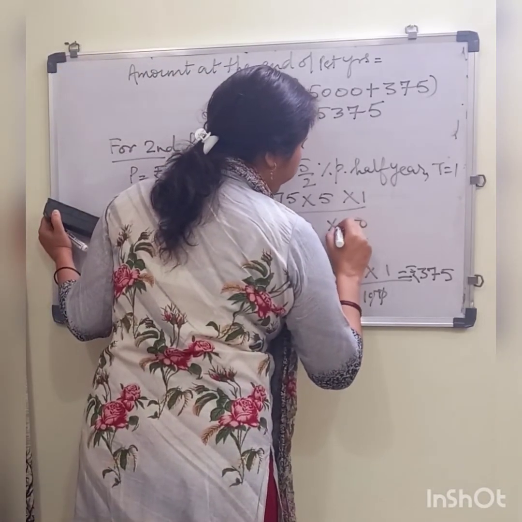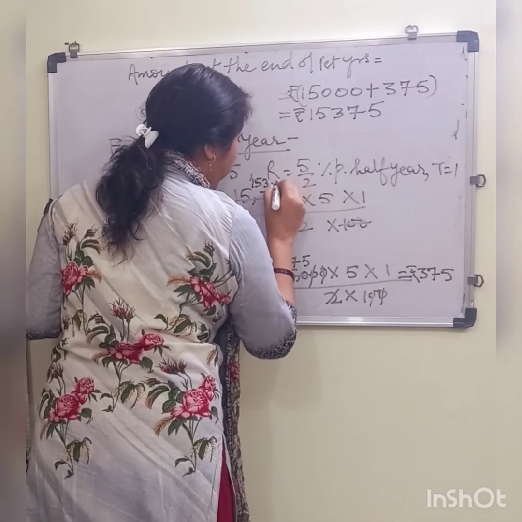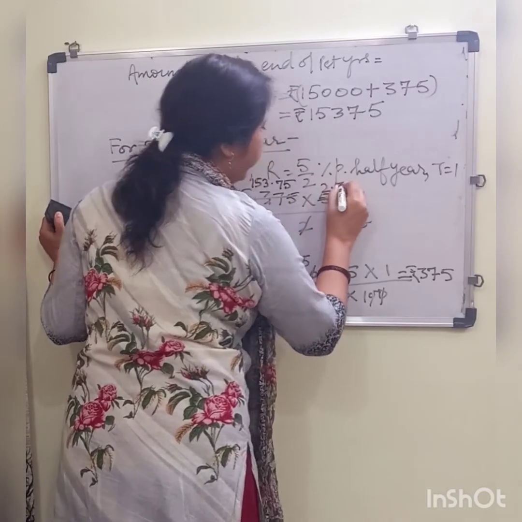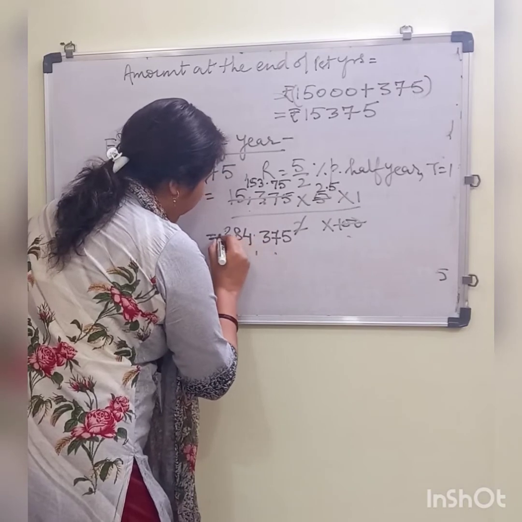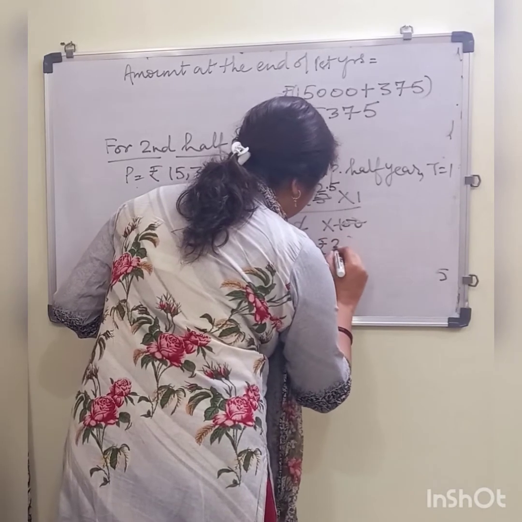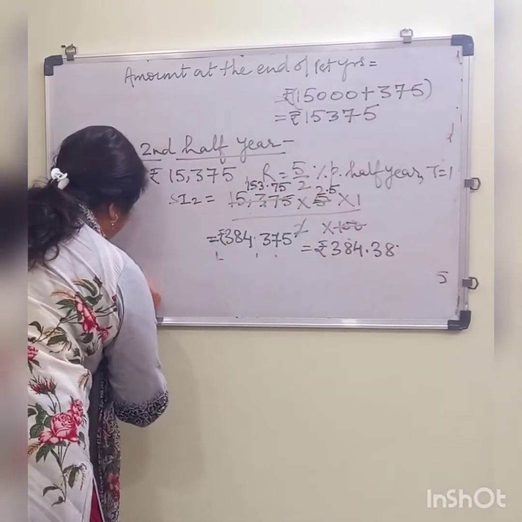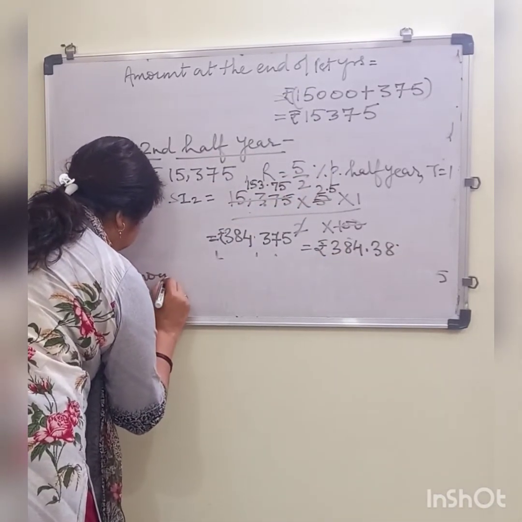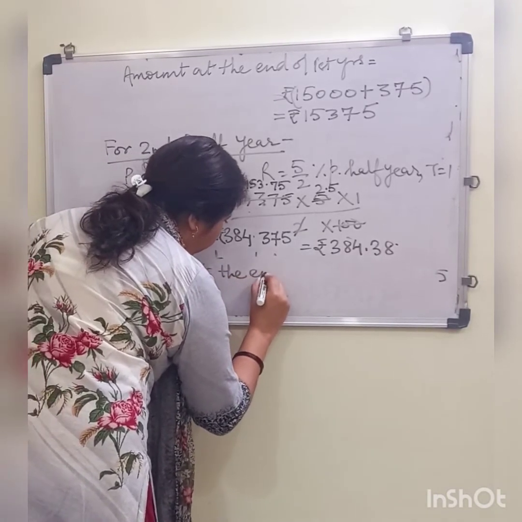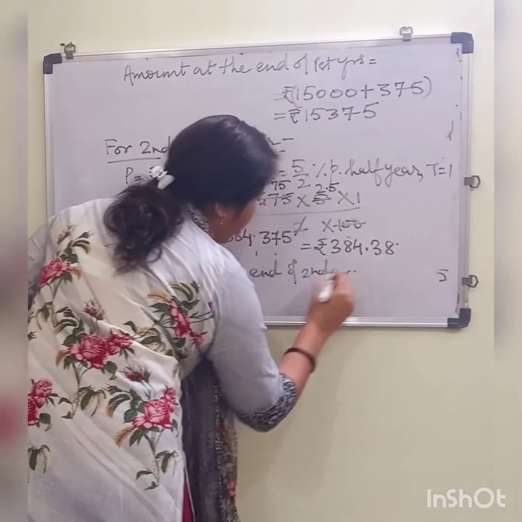Let's solve. It is 153.75 and by 2 it is 2.5. 384.375 which we round off to rupees 384.38. Now amount at the end of second half year, सेकेंड हाफ ईयर के एंड में हमारा अमाउंट कितना बन जाएगा.